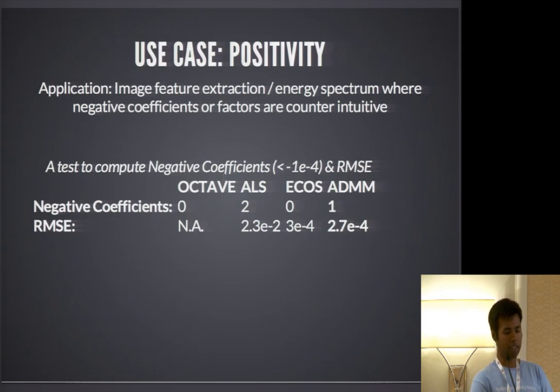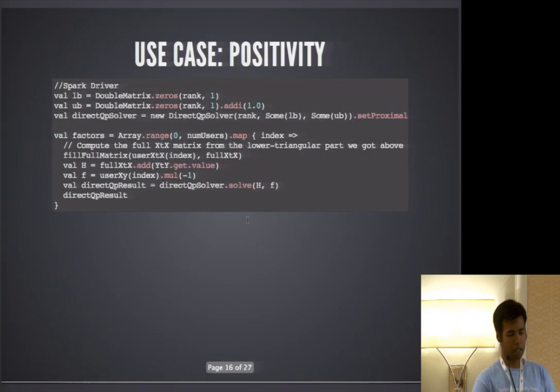In the test, we are showing a very basic proof of concept of how different the result is from Octave. We found that almost all of them give you a very similar answer, except that we got more pure results with ECOS and ADMM.